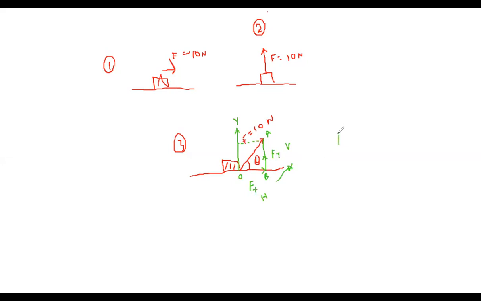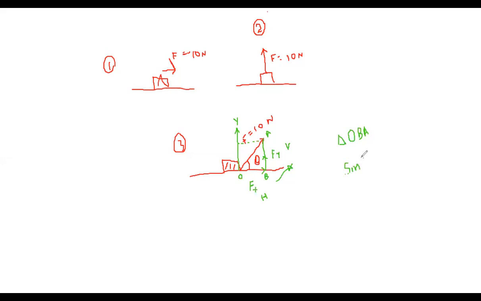You can see this triangle OBA clearly in the diagram. If you want to find the value of these components, you have to use the trigonometric ratios. This is a right angle triangle, so you can apply the trigonometric ratio sine theta. Sine theta is equal to what?